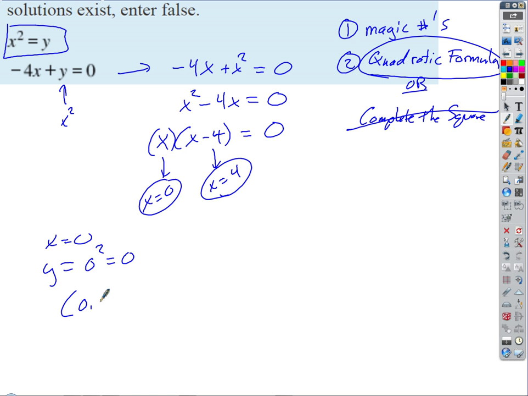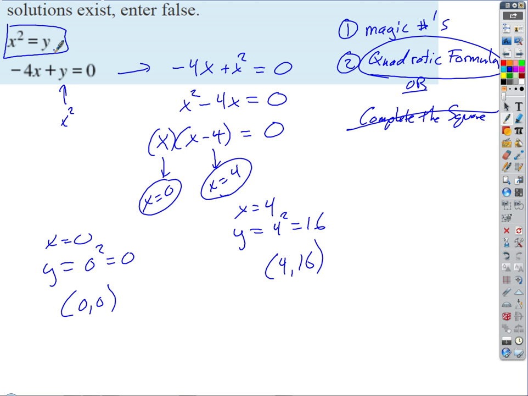So one point is going to be at (0, 0). What about the other point? When x equals 4, y equals x squared, so that's going to be 4 squared, which is 16. So the other point is at (4, 16). I'm just substituting each of these x values back into my substitution equation to find y.